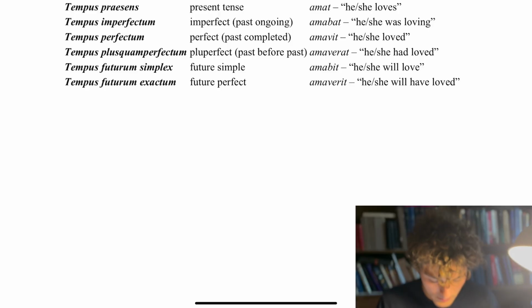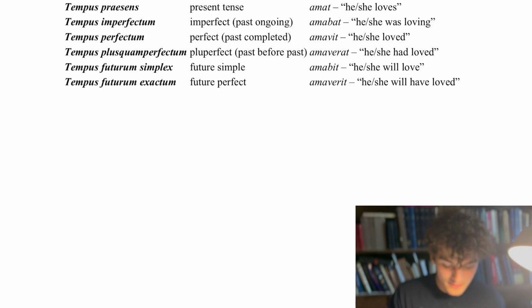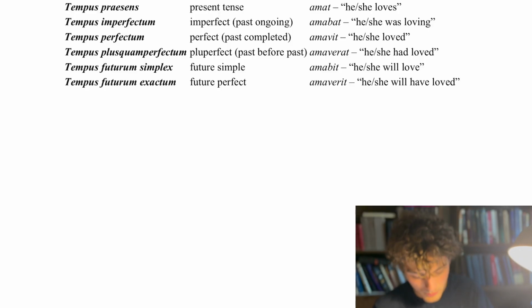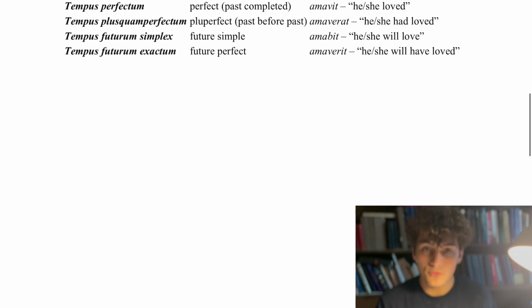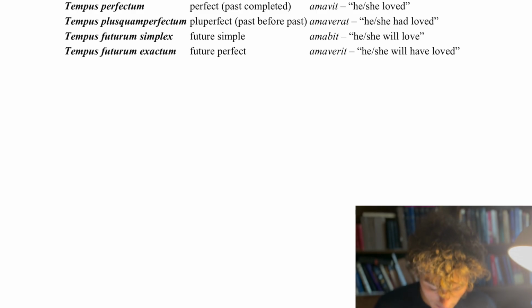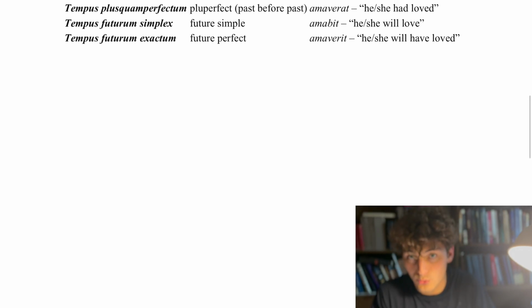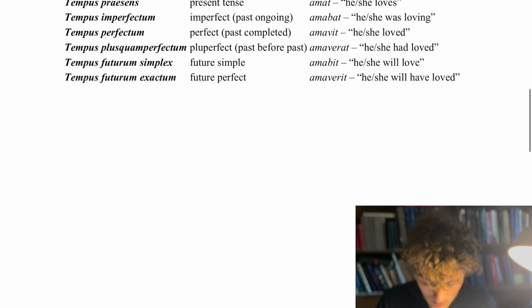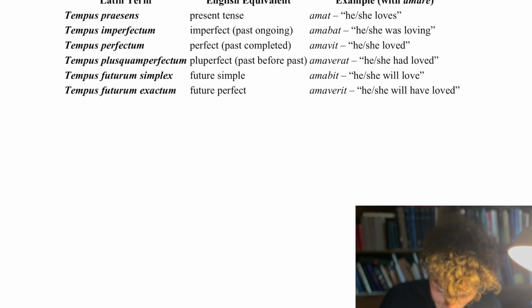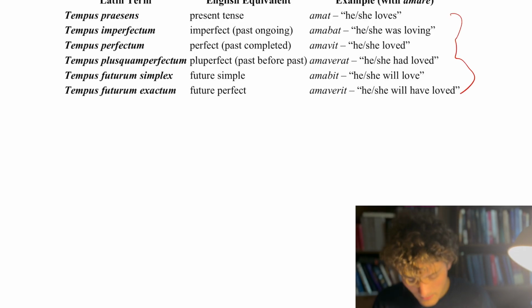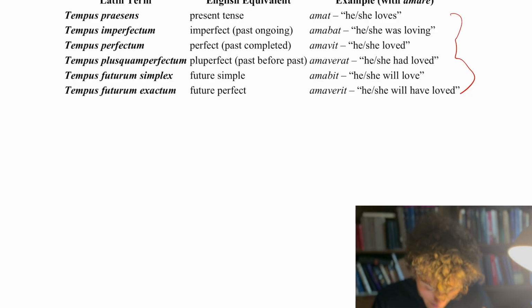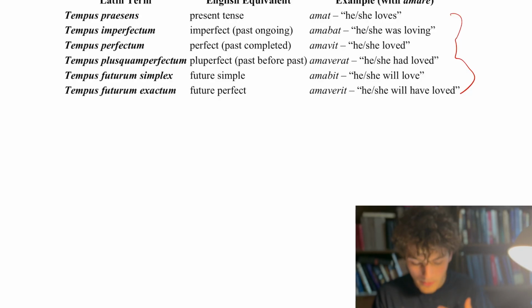And these are tempus praesens, the present tense, tempus imperfectum, tempus perfectum, tempus plusquam perfectum, right, the pluperfect, tempus futurum simplex et futurum exactum. I will most likely be using futurum for both of these. Might not be too specific, but you can see the examples over here of amat, amabat, amavit, amaverat, amabit, amaverit.